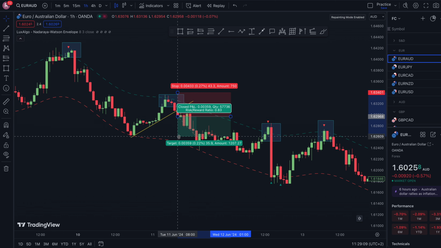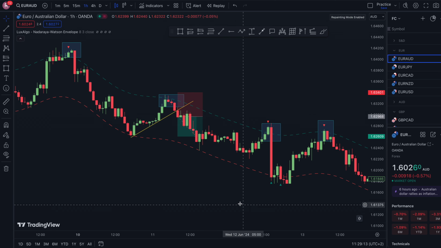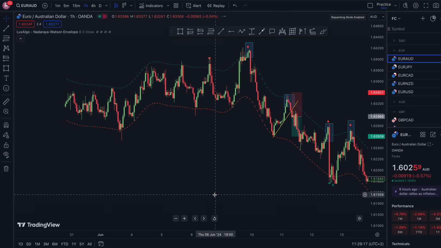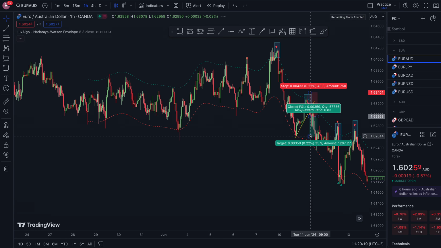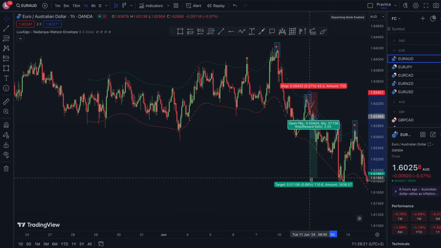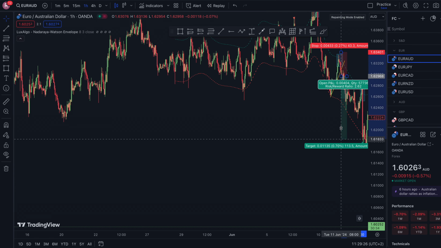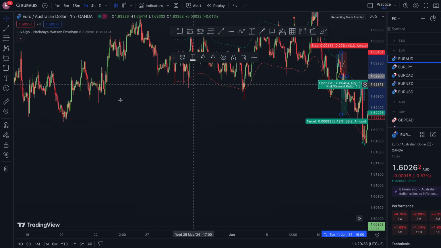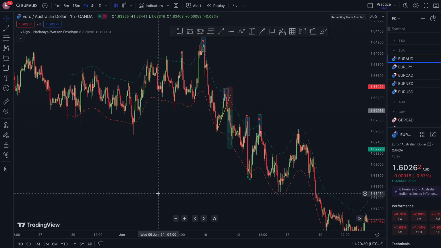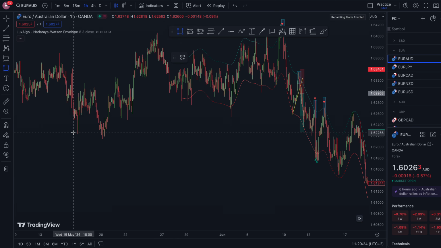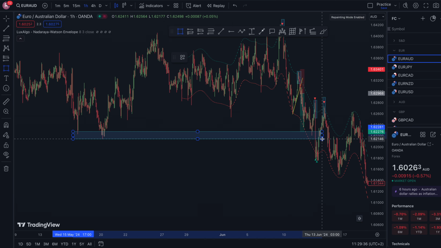Right here, you want to target your most recent low, or you can zoom out and look for a potential target somewhere around these areas. That's perfect. You're going to target those areas. And why am I targeting those areas? It is because we have a support zone here, so price is likely to turn around when it gets there.